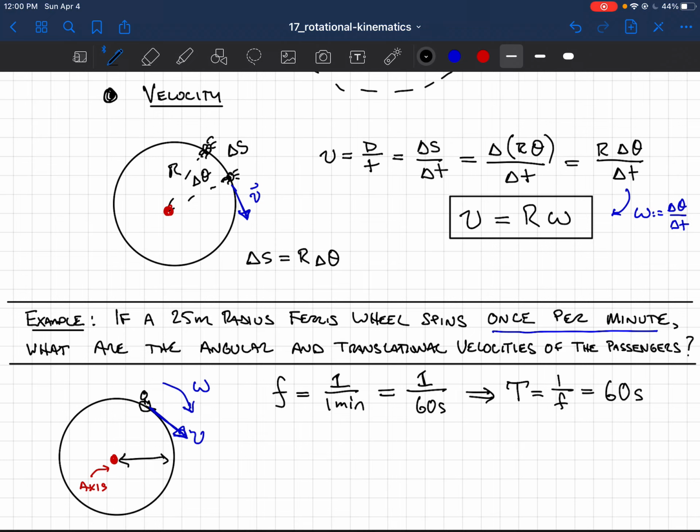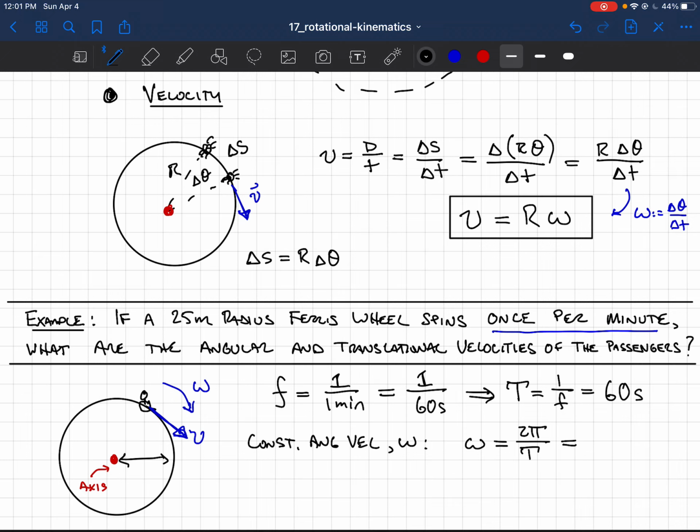Why do we find the period? Well, because if this thing is moving with constant angular velocity, then we can write omega as equal to 2 pi over the period. That angular velocity is also called the angular frequency. It's equal to 2 pi over the period, and so we can calculate it.